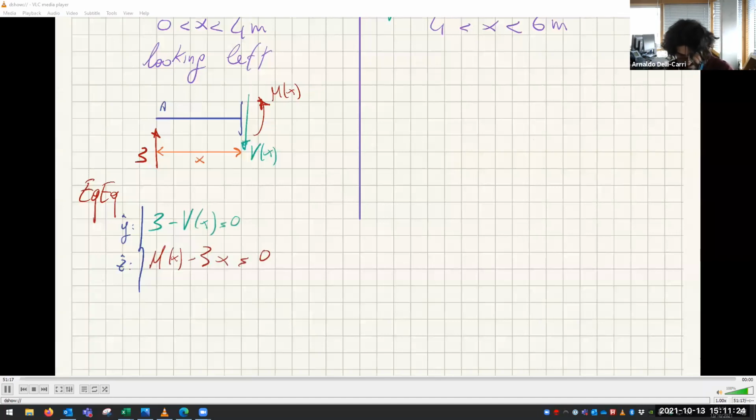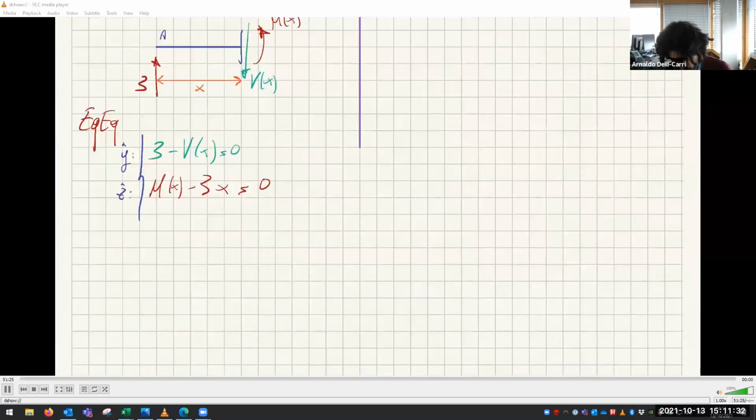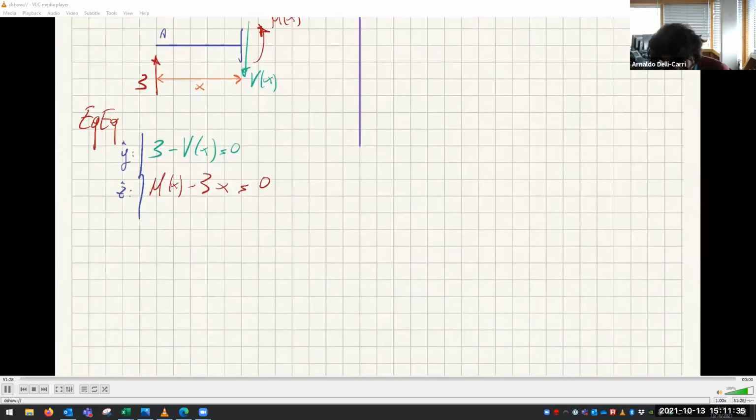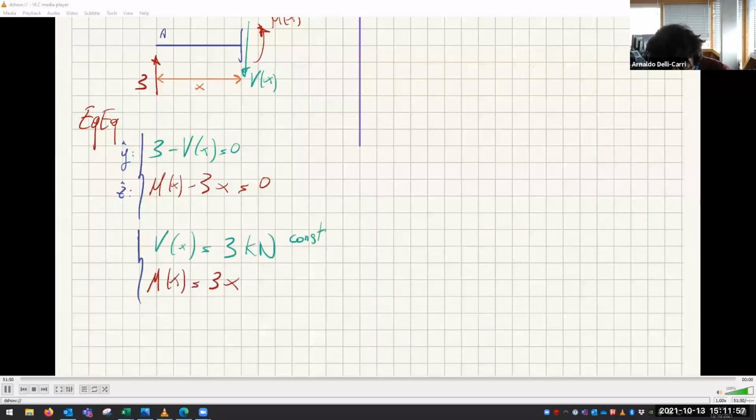Looks to me that this moment is negative, and it's 3 times X. So I can rewrite this as V of X is positive 3 kilonewtons, constant. And M of X is 3X, linear. Linear means equation of a straight line.